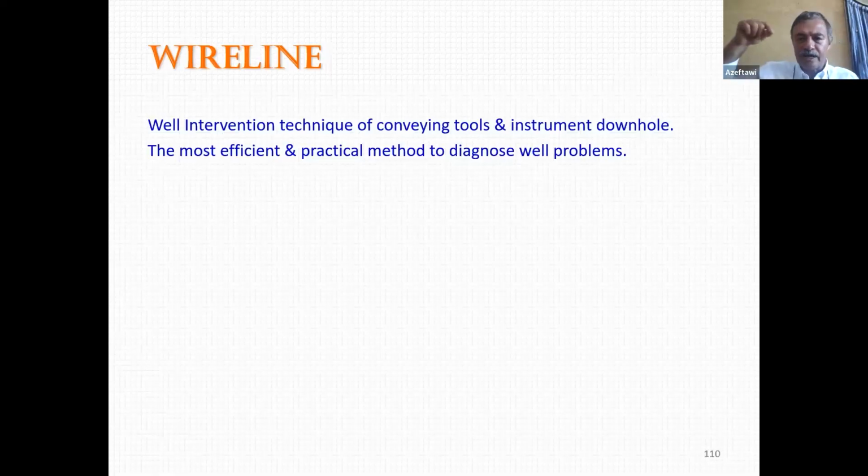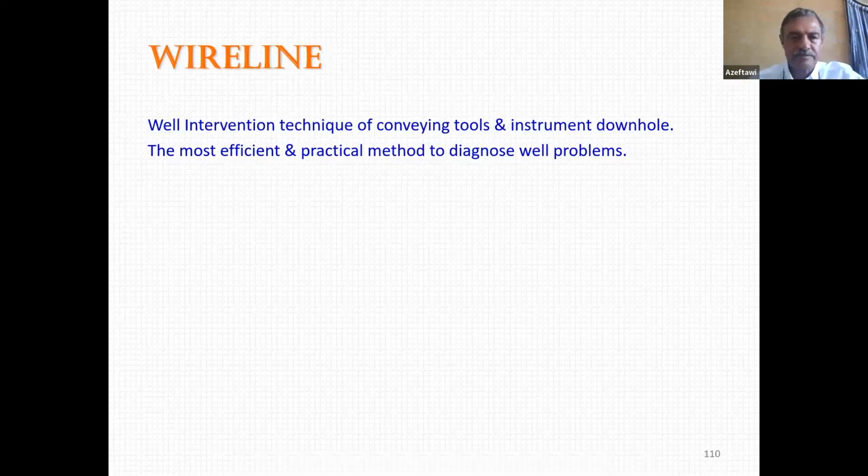For example, if we are running in the hole and we're supposed to go to 9,000 feet, but while running in the hole at 6,250 we couldn't pass. Why couldn't we pass? There are several possible answers, but wireline is one service that can tell you quickly what's going on.